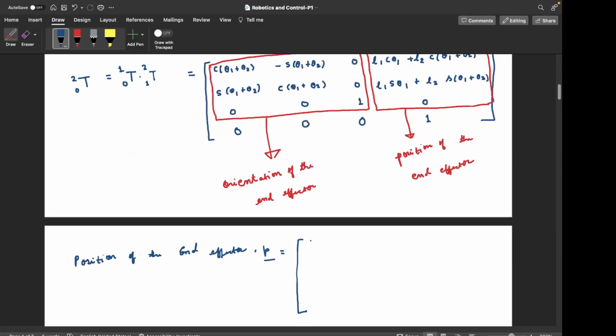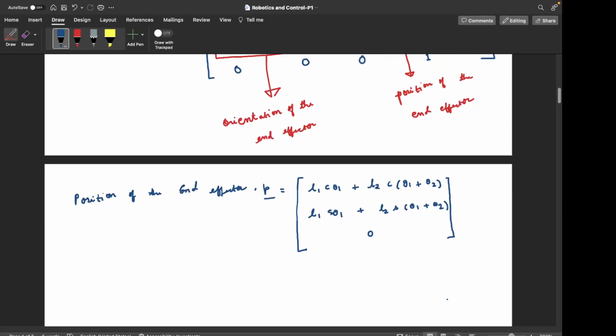So L1 cos theta 1 plus L2 cos(theta 1 plus theta 2), and L1 sin theta 1 plus L2 sin(theta 1 plus theta 2), and 0. Since it moves in the plane, the z coordinate is always 0, right?